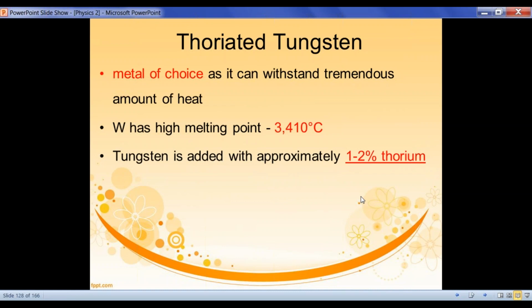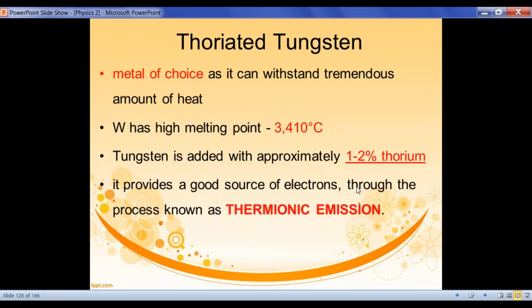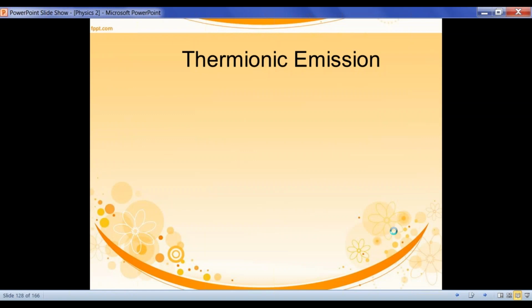Kahit po mataas ang kanyang melting point, kailangan pa rin natin siyang dagdagan ng at least 1 to 2% of thorium para mas lalo po siya maging matibay, para mas lalo po hindi siya madaling mag-vaporize or matunaw. Okay? So, thorium plus tungsten provides a good source of electrons through the process known as thermionic emission.